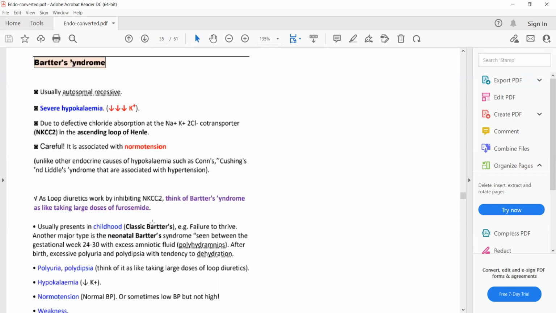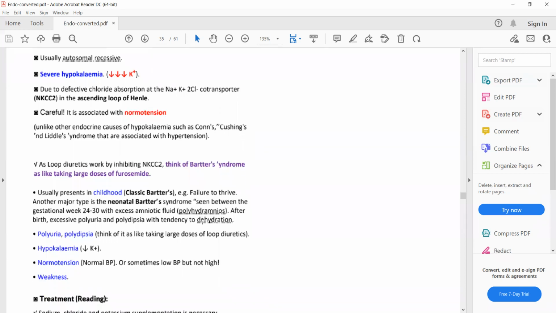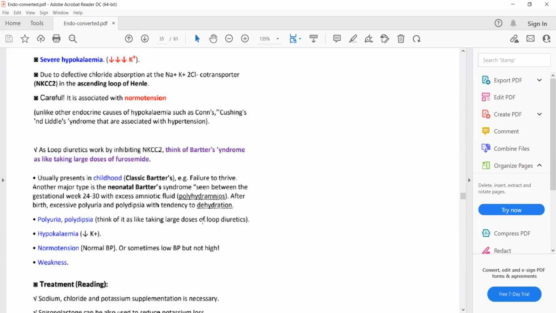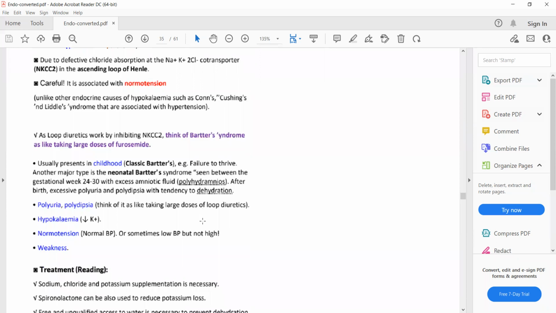Bartter syndrome usually presents in childhood, which is known as classic Bartter syndrome, and the presenting feature is failure to thrive. Another type of Bartter syndrome can also be seen in neonates as neonatal Bartter syndrome, because there is a genetic defect in the ion channel that is present in the ascending limb of the loop of Henle.